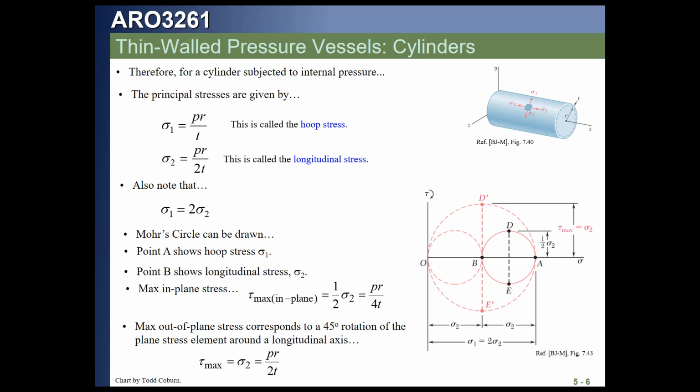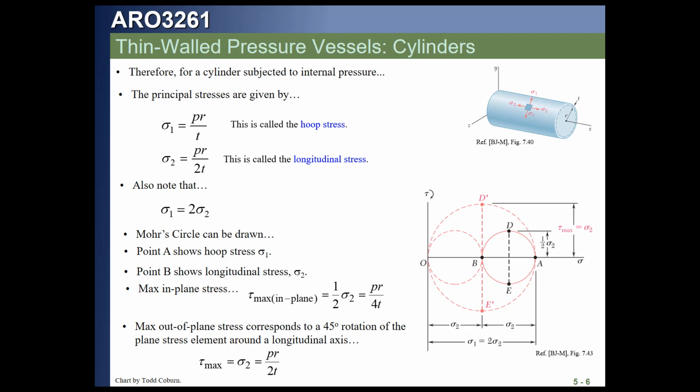Perpendicular to the skin, we have 0 stress. That means for a cylinder, our shear stress is going to be 1/2 of the difference between the stresses. For in-plane load and for out-of-plane load, we're going to get sigma 1 minus 0 over 2 as our max shear stress for a rotation of the element.